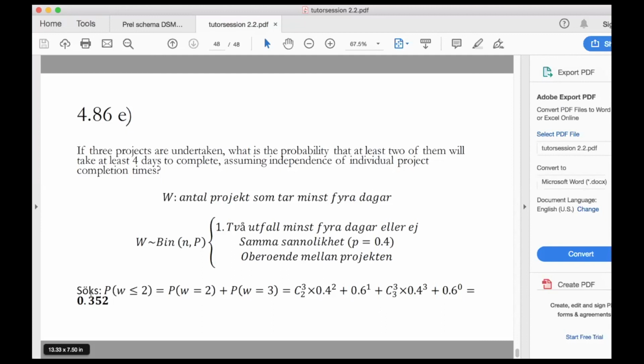I usually use a calculator to calculate these equations, but I know that you use R. And it's the same formula that I use here for the binomial distribution that I used during the first session.